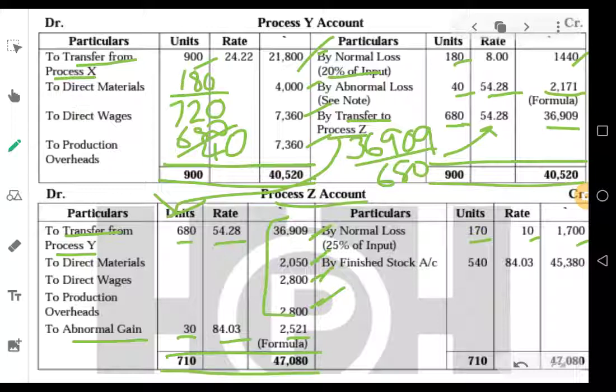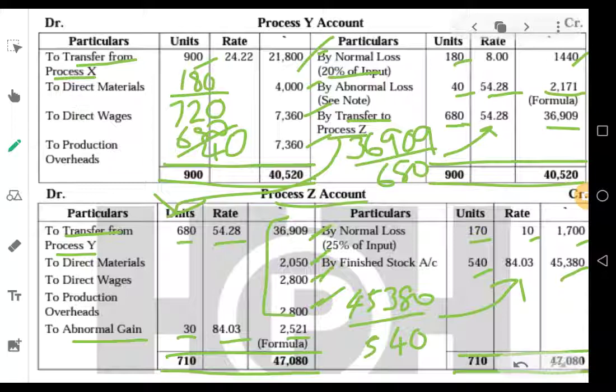Once you make the entry of abnormal gain value, close the process account. Total debit side you have 710 units. Amount column total 47,080. Bring it to the credit side, same number of units and amount, and just balance the account. Units column you will get 540 units. Amount column 45,380. Cost per unit you can calculate by dividing 45,380 by 540, you should get 84.03.